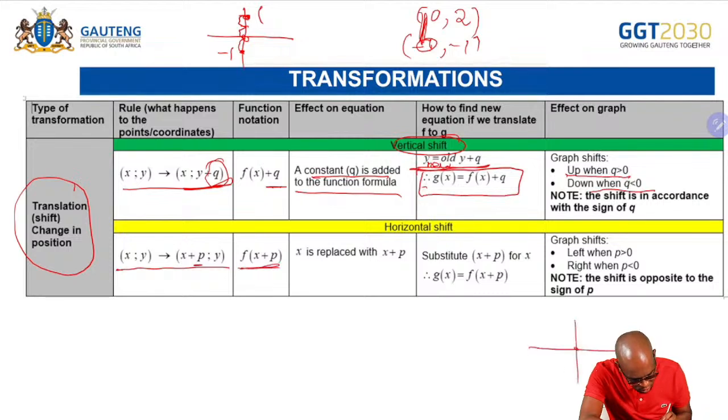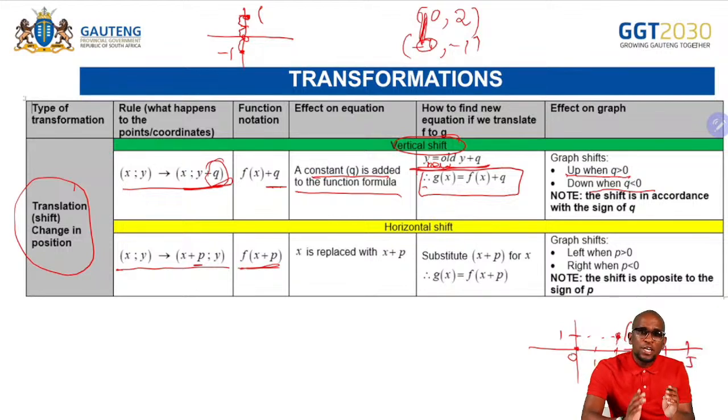You have 0, 1, 2, and you have a point here, 1 and 2, and then this is 3, 4, 5. Now, if you want to move that point horizontally, suppose that you want to move it 2 units to the left, you'll say 1, 2.